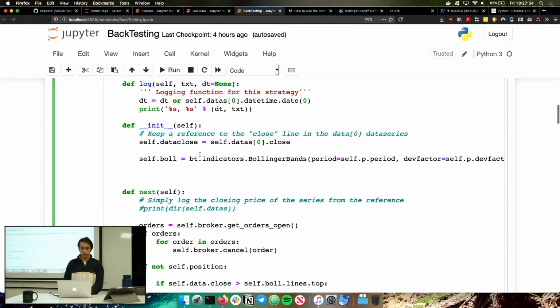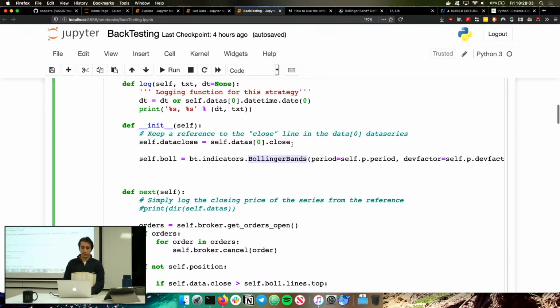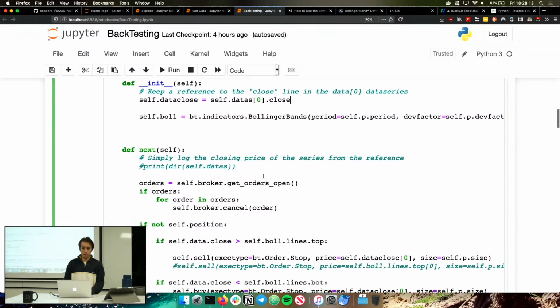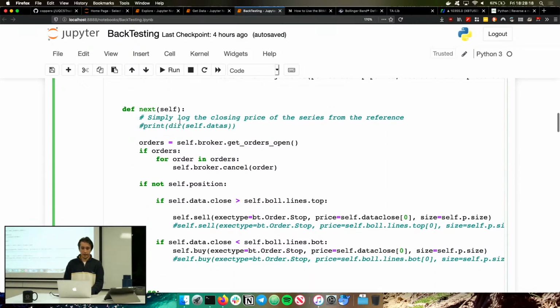We've got an initializer, which just initializes a signal, these Bollinger Bands, with that period and the deviation factor that we've defined. And here we've just got, for ease of use, the data close. This just defines a way of accessing the most recent close price, so we can access it anywhere in this class. The next function is essentially what's stepped every time.